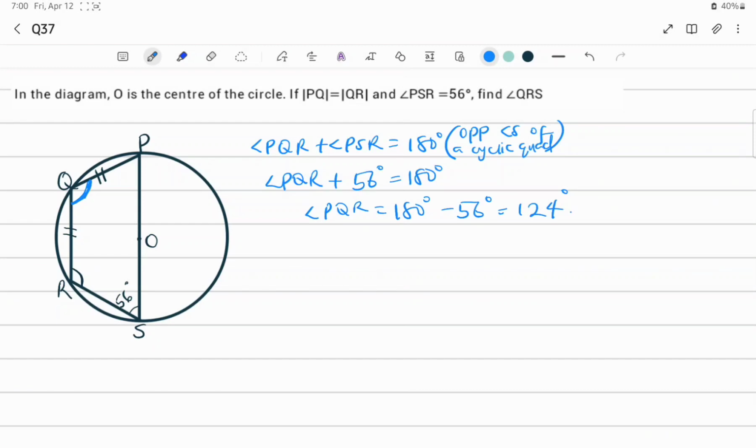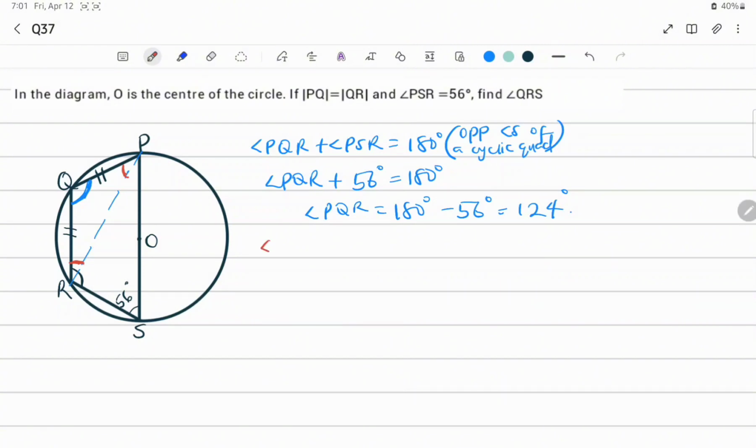So let's produce a line that joins R to P. Now that I've done that, I can find the base angles of the triangle formed. That is, I can find angle QPR, which is the same thing as angle QRP. That is the angle here and the angle here. Since the sides are equal, an isosceles triangle is formed.